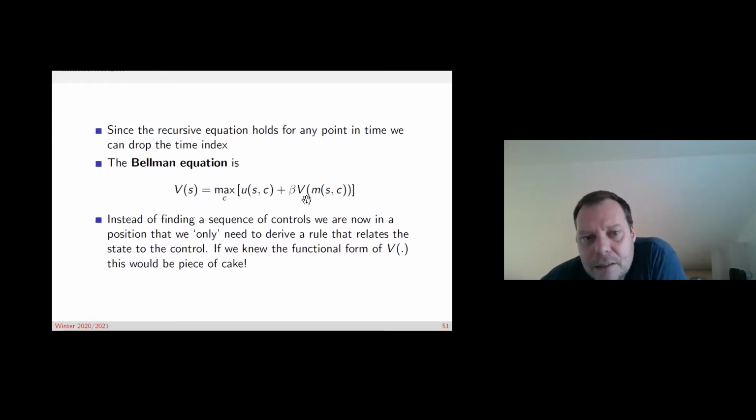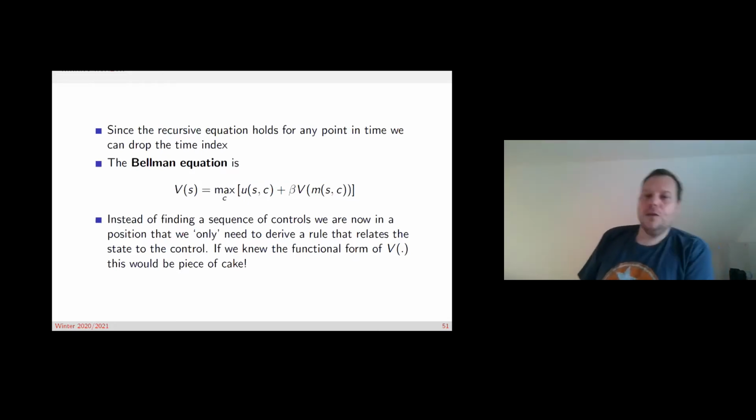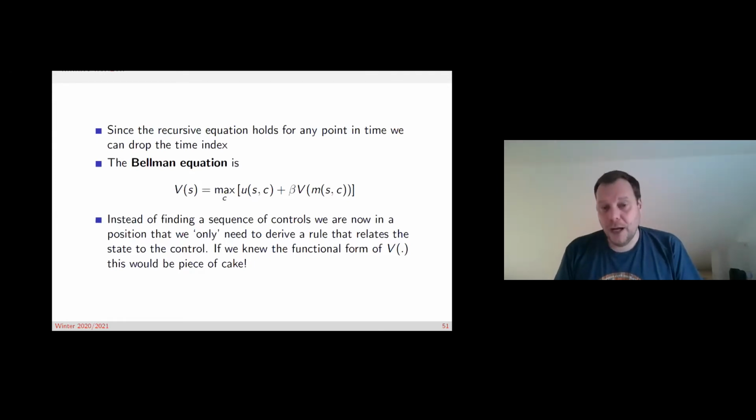And the idea is, if this operator, so this maximum thing and this construct, is a contraction mapping, so if what you do on the right hand side of the equation is a contraction mapping, then two things will be true. First of all, there exists some functional form such that this functional form and this functional form are identical.